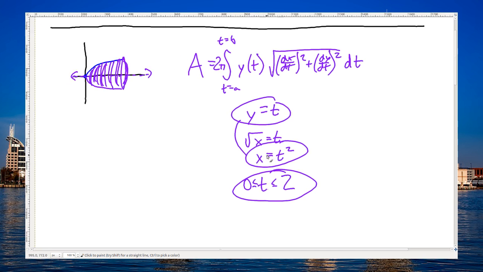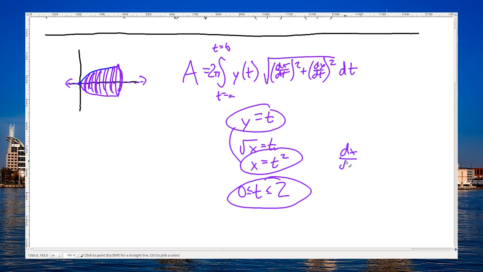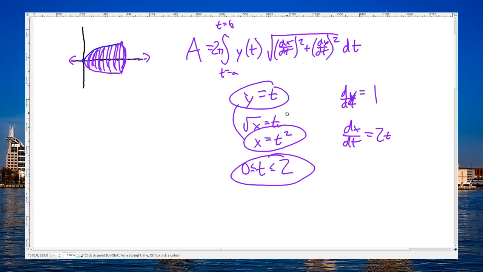All right, my y is t, my x is t squared. That tells me that dx/dt is 2t, and my dy/dt, the derivative of t, is just 1. Okay, that looks great. So let's plug everything into the formula. 2 pi times the integral, t is from a to b, so from 0 to 2. y of t is just my y from the parametric equation, so y is equal to t.